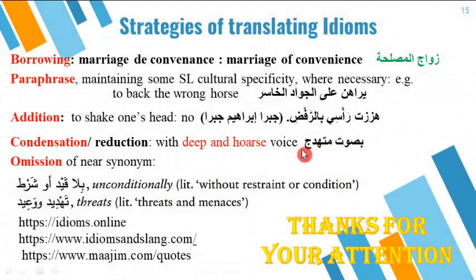The final step is that while facing idioms, the translator has got to choose among the different procedures to solve and to transmit the meaning. One of the procedures is to borrow the word.